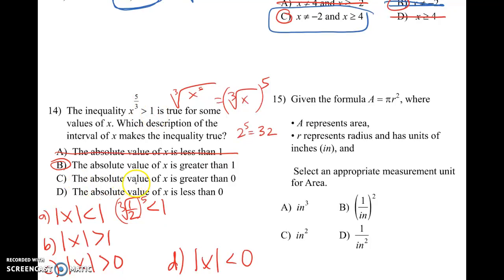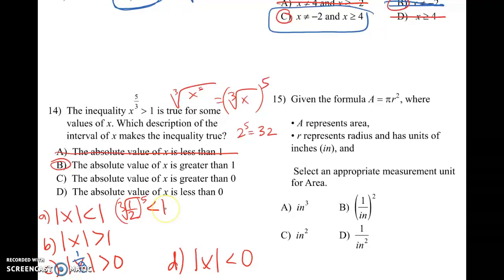How about this? The absolute value of x is greater than 0. Well, 2 is also greater than 0, but I want to know, is it greater than 0 or greater than 1 that satisfies this? So let me try a number that's between 0 and 1. Let's try 1/8. Another thing we could think of is we just tried 1/2, and 1/2 is greater than 0, and it didn't work for 1/2.